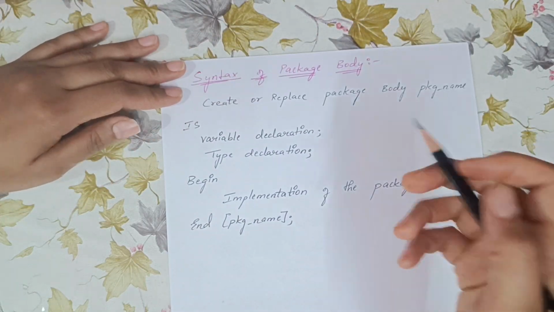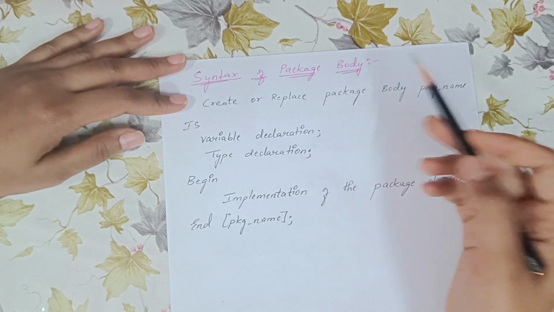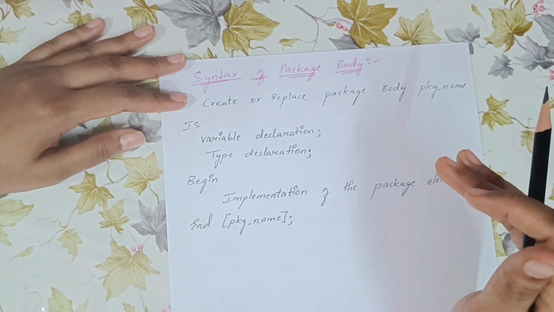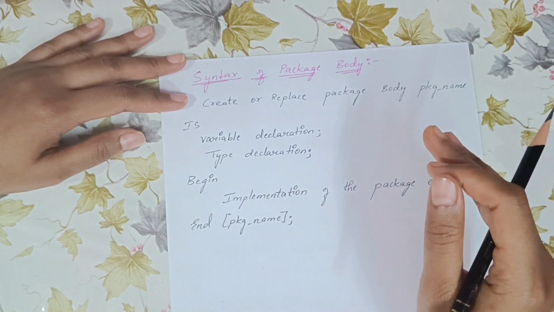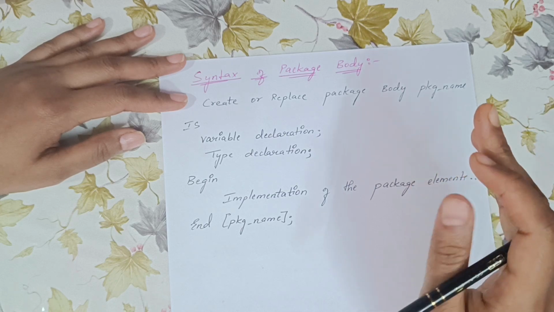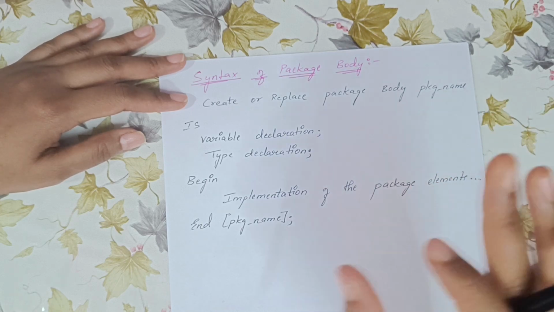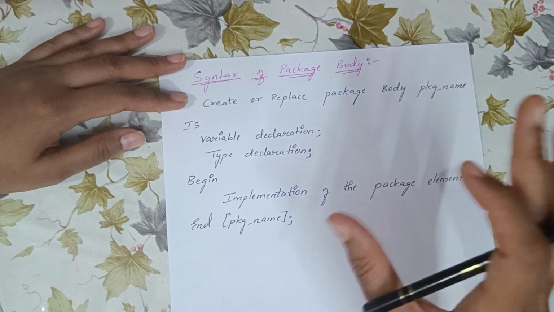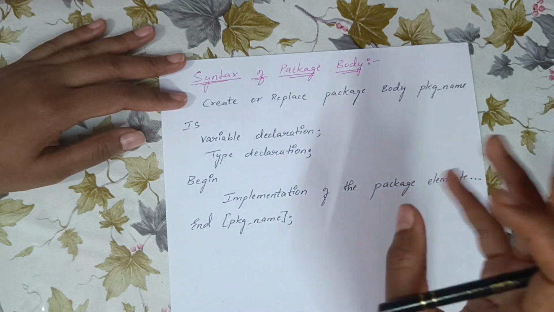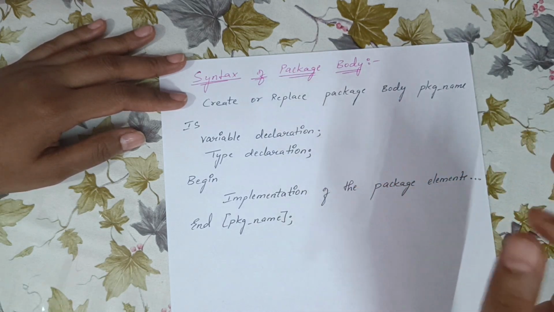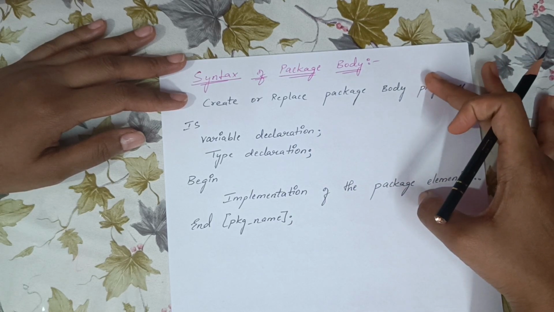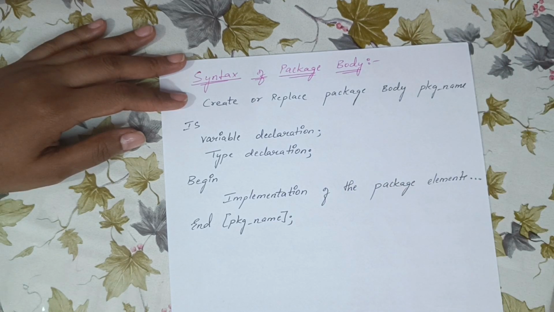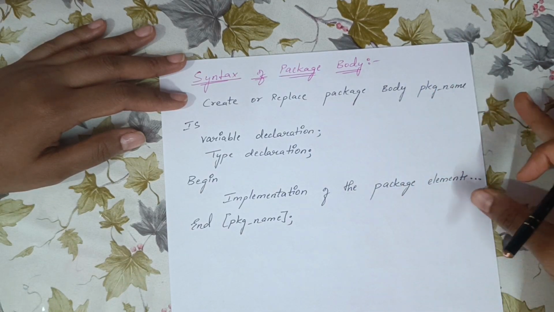And then here we have the syntax of the package body part. As I have told you, packages are divided into two parts, specification and body. The specification syntax we have already seen. The body is for implementation, for implementing the package elements.